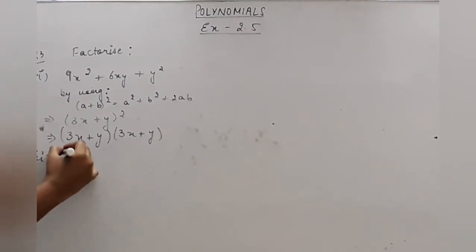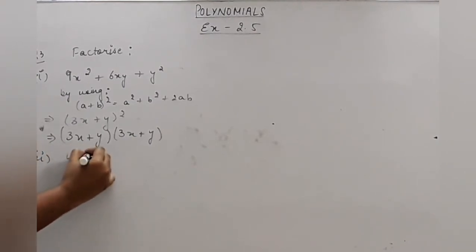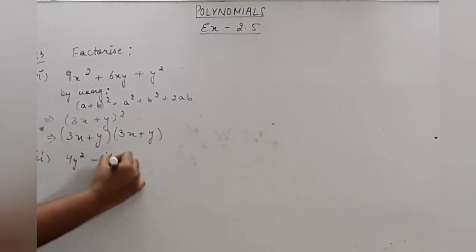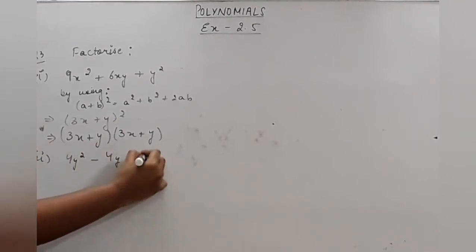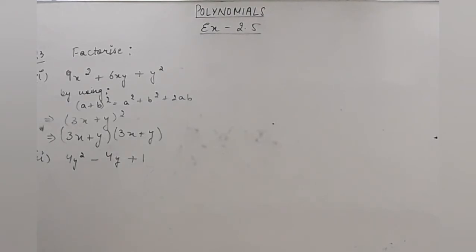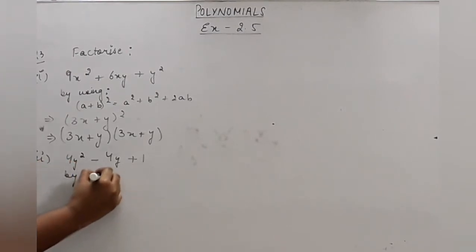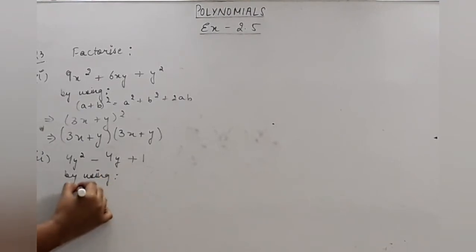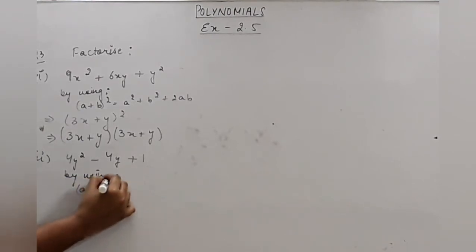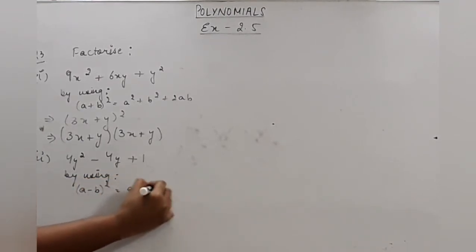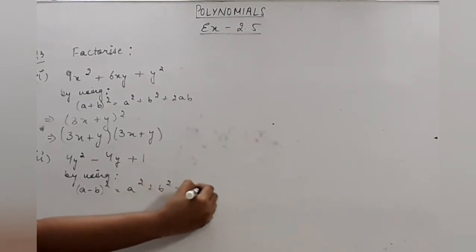In the second part, 4y square minus 4y plus 1. Which identity are we going to use in this part? By using (a - b) whole square is equal to a square plus b square minus 2ab.